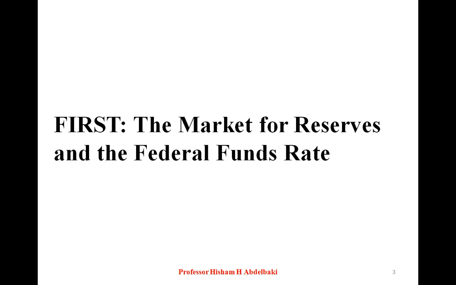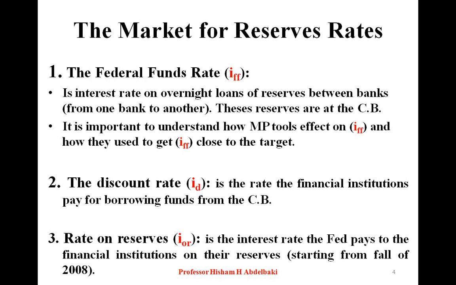But before we study, we have to distinguish between three types of interest rates in the central bank. First is federal fund rate. We mentioned in chapter 15 that financial institutions keep their reserves at the central bank, and the central bank uses these reserves to lend to financial institutions.